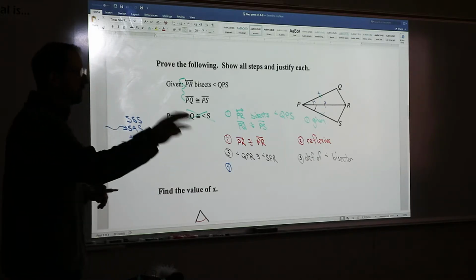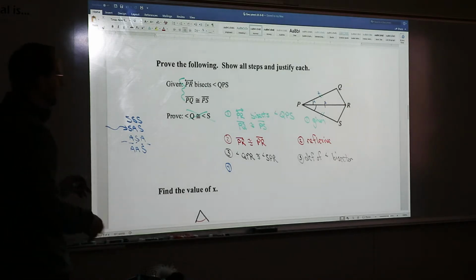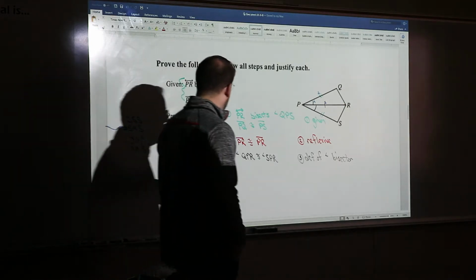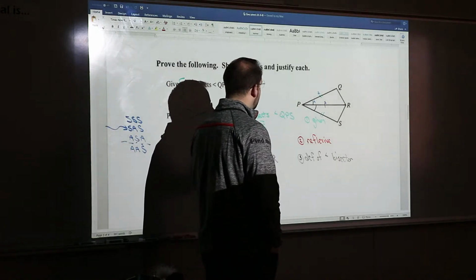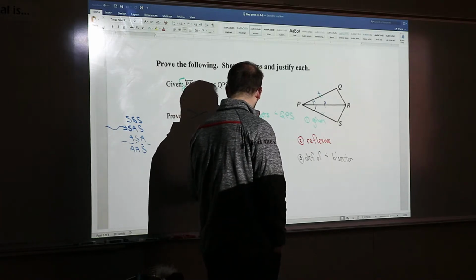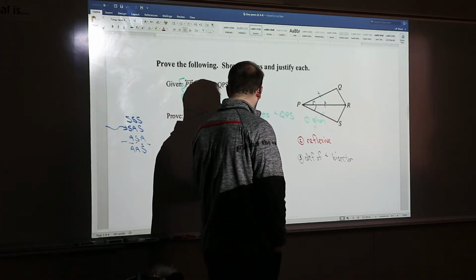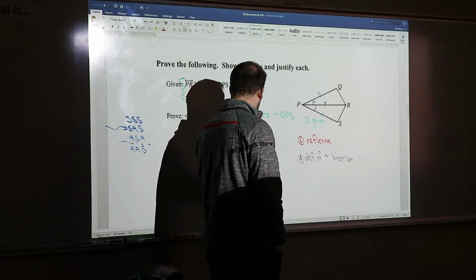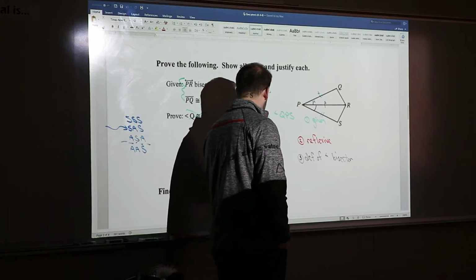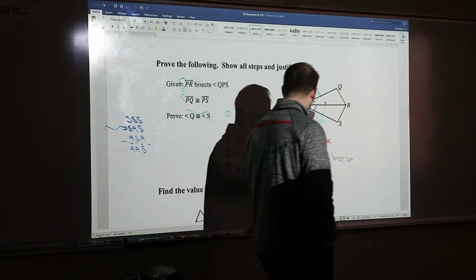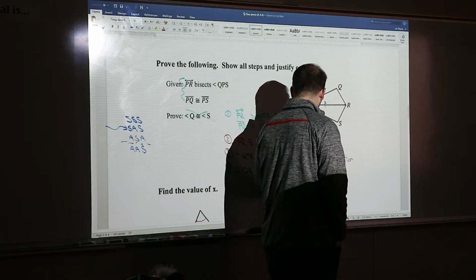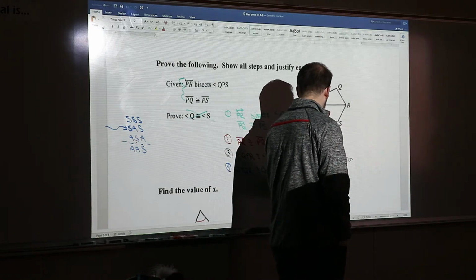Side, angle, and side markers per picture. They all have 3. That's what you have to get to. So I can actually write that these triangles are congruent. So the top triangle is what? PQR, that top triangle, is congruent to the bottom triangle, PSR. And the whole reason is the side angle side postulate.